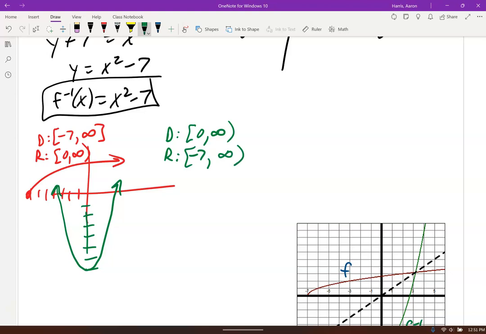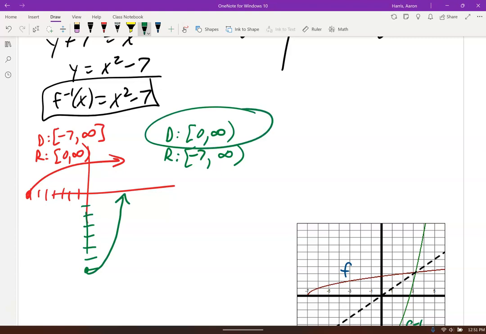So since the domain is from 0 to infinity, it cuts off this left-hand side, and it's only the right-hand side of this. So when you note that my inverse is x squared minus 7, you should note that it has a restricted domain. X has got to be greater than or equal to 0.